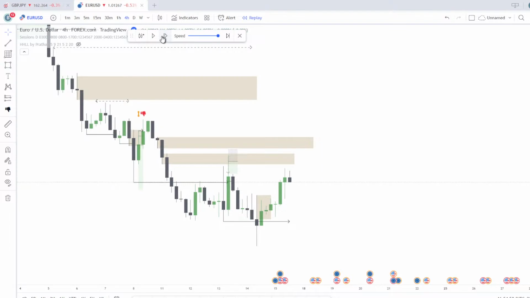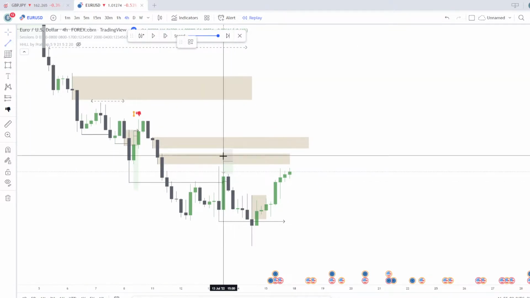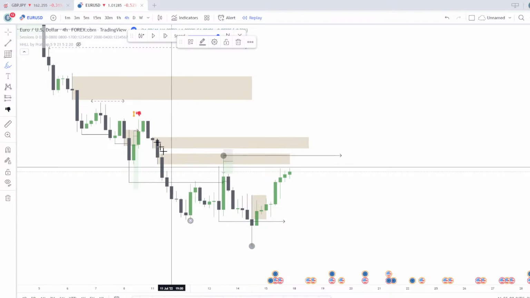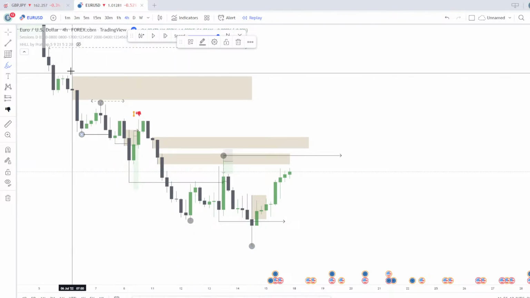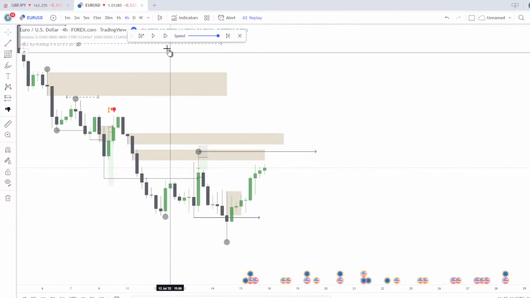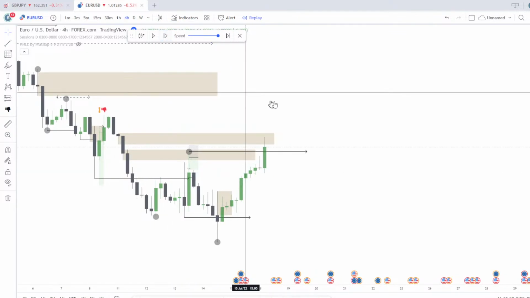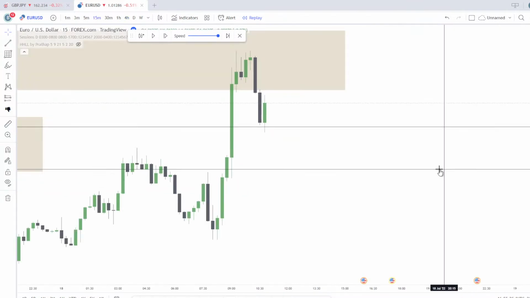Okay, so let's see what we got. A swing structure up here. Low here, high, pull back, high. Okay, are we going to take out swing structure or not? Woo! Look at that. Okay, so we end this for our point of interest.